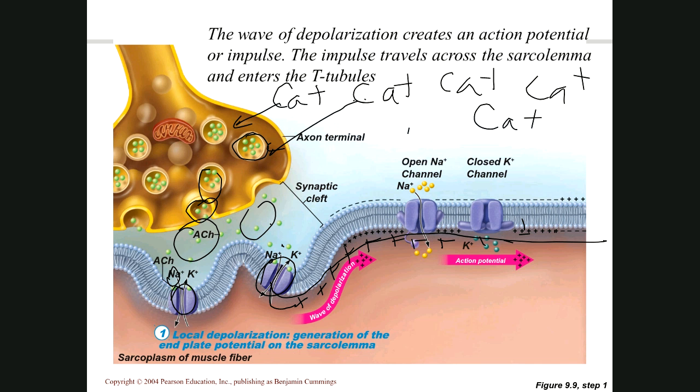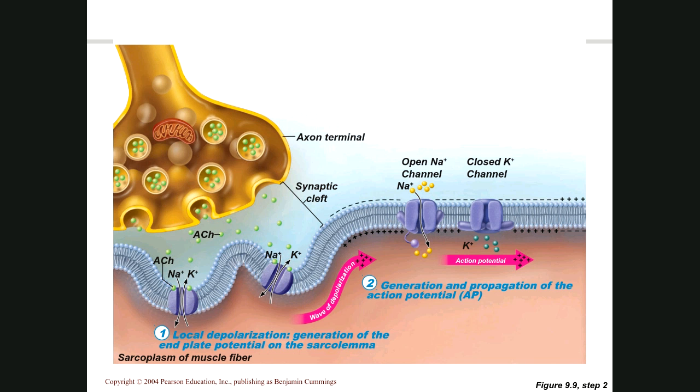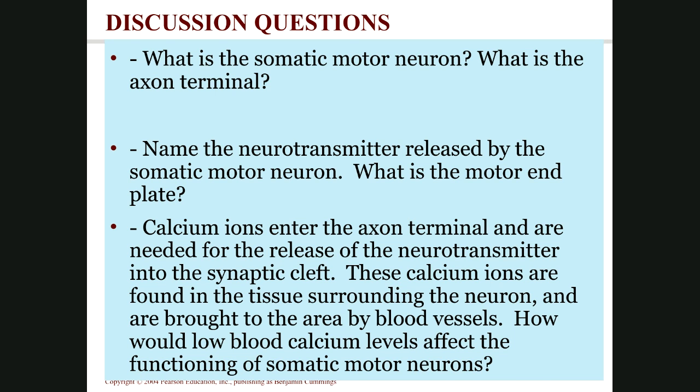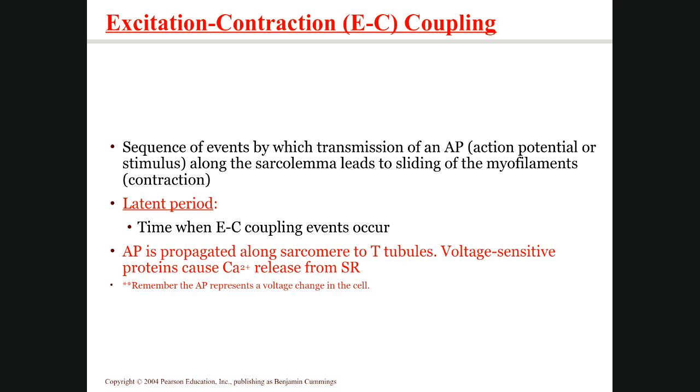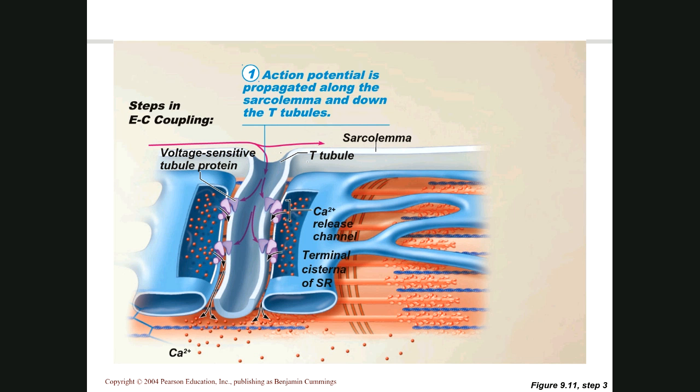All right. When that happens, this flood of positive charges goes down the T-tubules, and as they do that, they begin to open these electric gates, which are the calcium gates that keep the calcium hidden inside the sarcoplasmic reticulum.